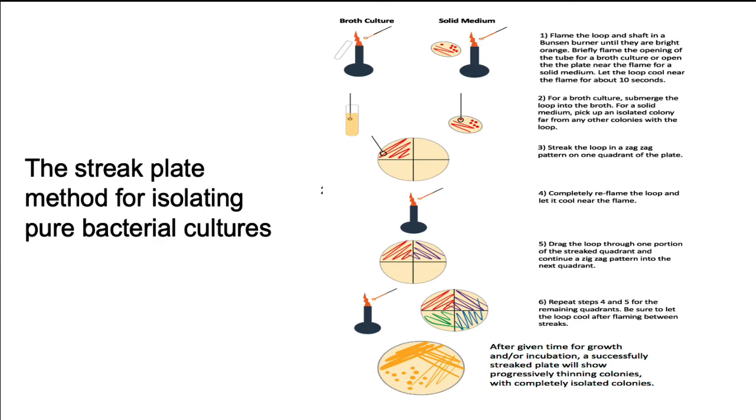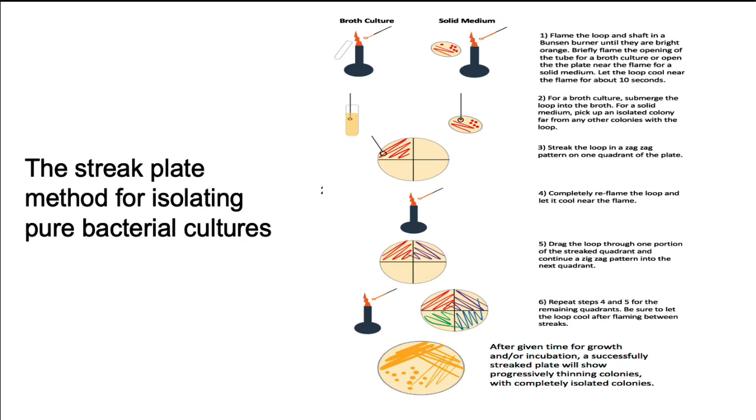Some people do quadrants, other people do what is called a T on the plate, and then you get 3 zones. You can call it quadrants or zones, but the main thing is that you're going to have different zones on the plate.